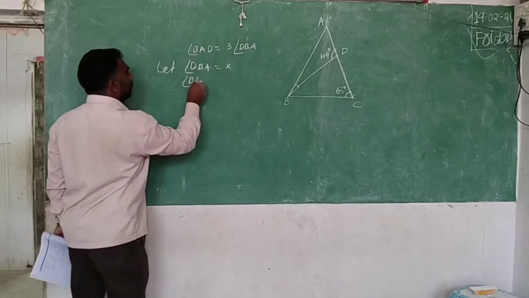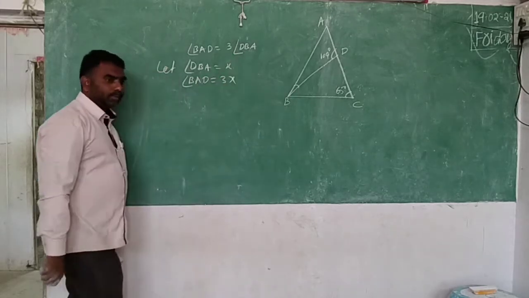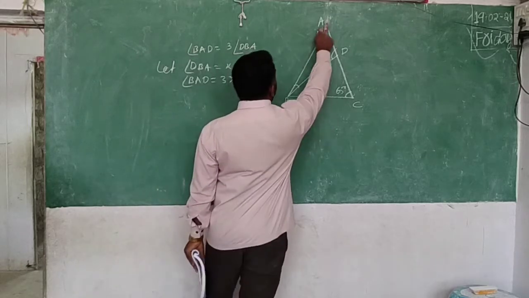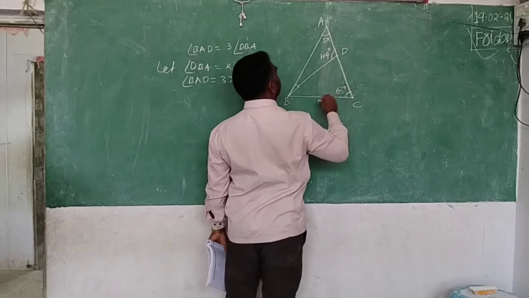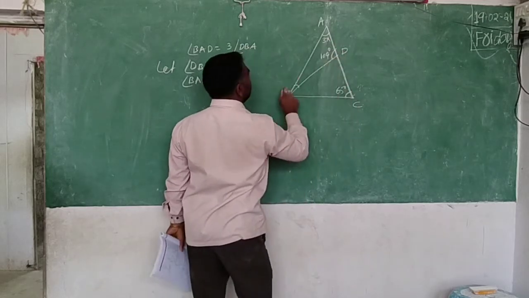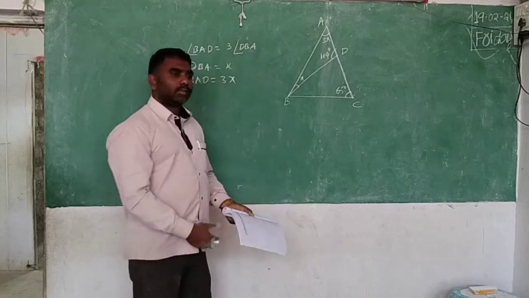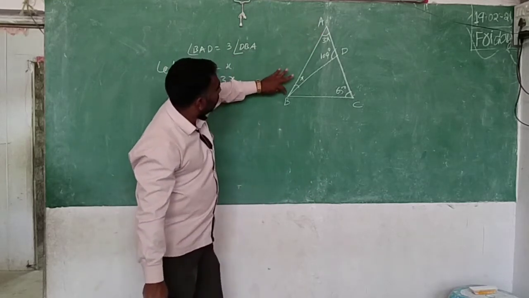Then angle BAD is equal to 3x. So where do you have to mark it? BAD is 3x, DBA is x. Now you see that this is one triangle.